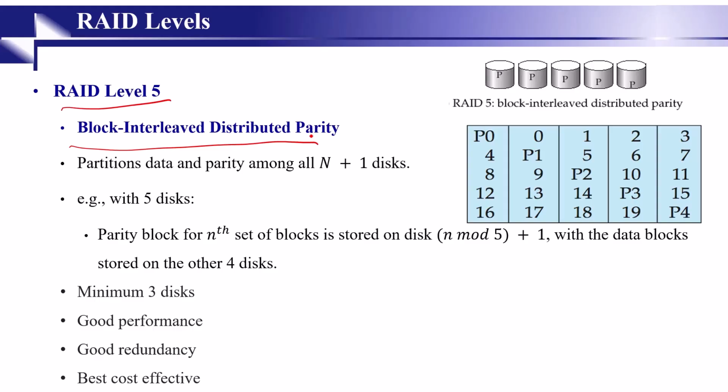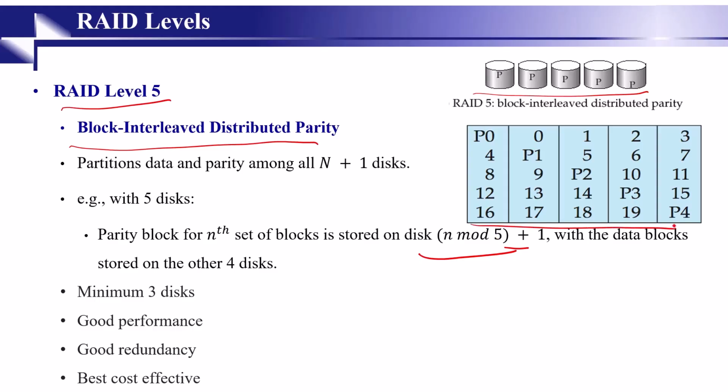For example, with 5 disks, the parity block for the nth set of blocks goes to disk n mod 5 plus 1, while the data lives on the other 4. You need at least 3 disks and it delivers good performance and redundancy. Plus, it's the most cost-effective option out there, making it a go-to for many systems.